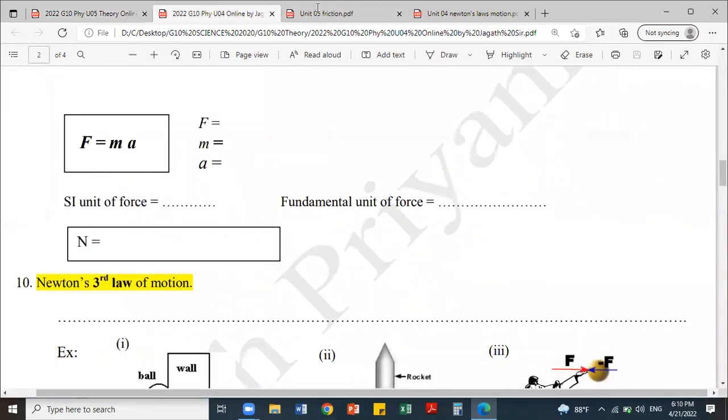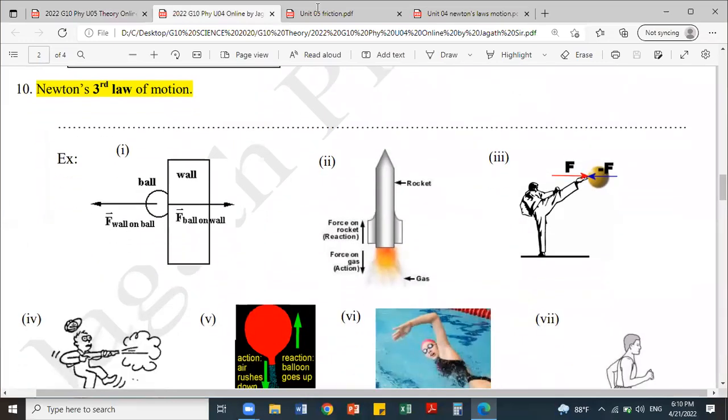So under Newton's third law of motion, what is Newton's first law?